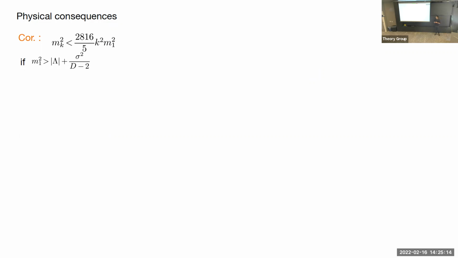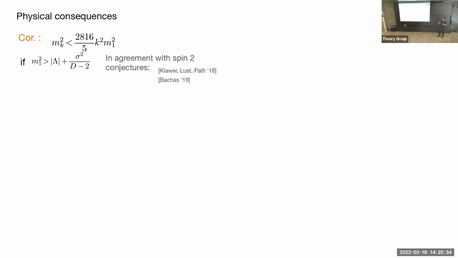And this means the following. Suppose now you have the first spin-2 field, and you want to make it very light. You have some mechanism for getting M1 that goes to 0. Then this bound tells you that also the other elements of the spin-2 tower are going to become very light.